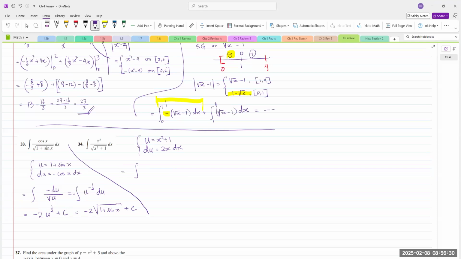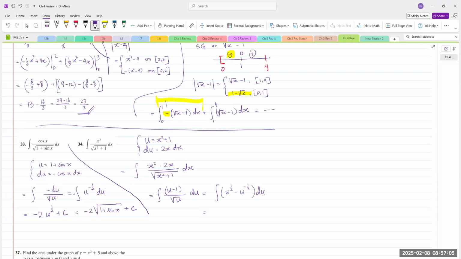So I will rewrite that as the integral of x squared times 2x over square root of x squared plus 1 dx, which is the integral of u minus 1, that's for the x squared, over square root of u du, which is the integral of u to the 1/2 minus u to the negative 1/2 du.